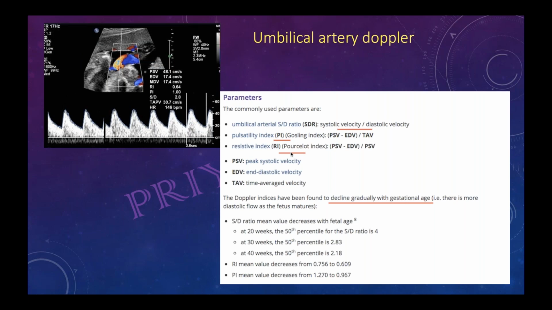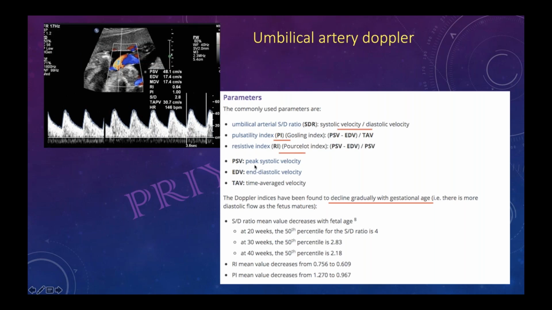Nobody asks you this calculation in the exam, and there is no need to remember it. What they calculate is PI, the pulsatility index, and RI, the resistive index. This part you have to know.